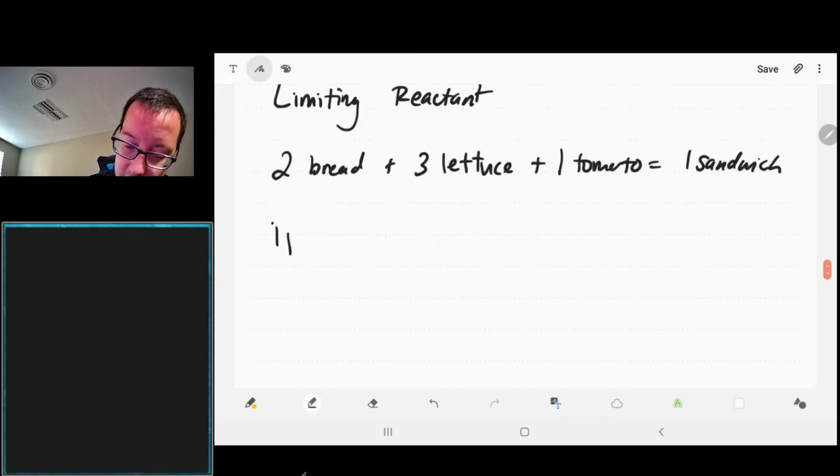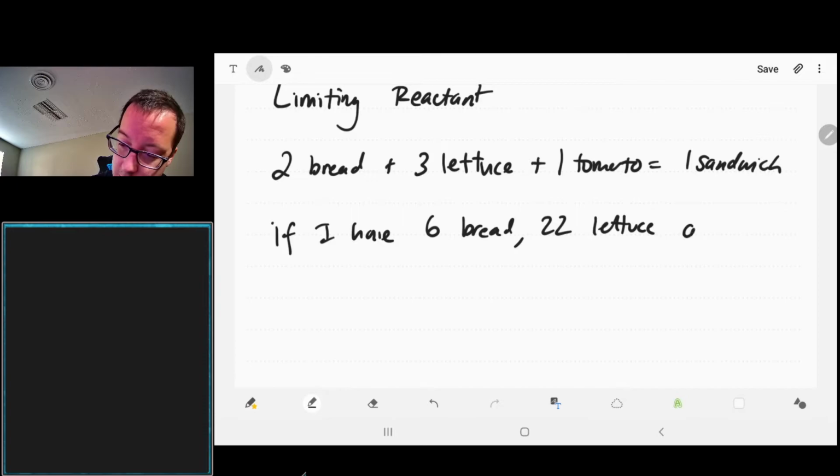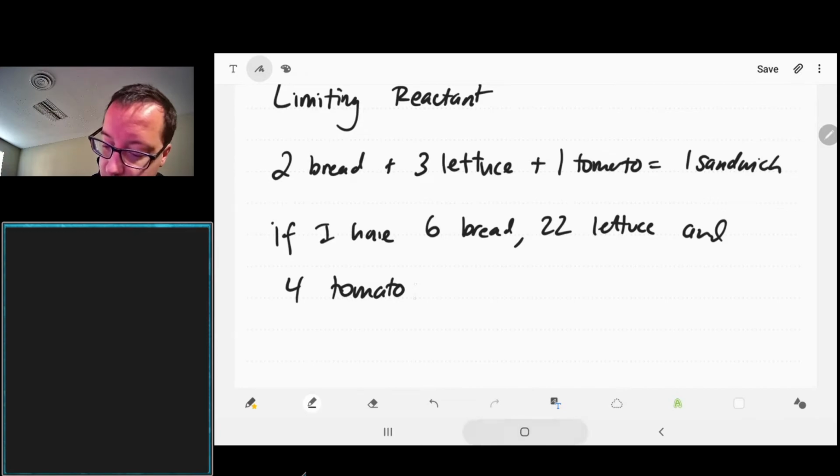So let's say if I have 6 bread, 22 lettuce, and 4 tomatoes. How many sandwiches can I make?